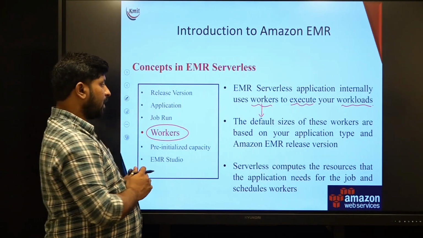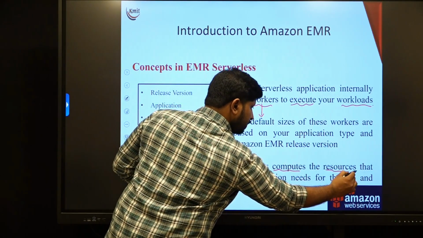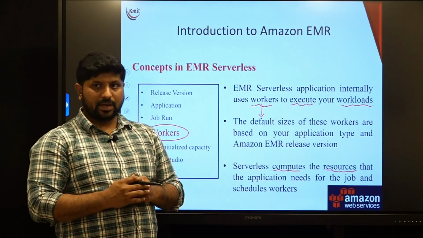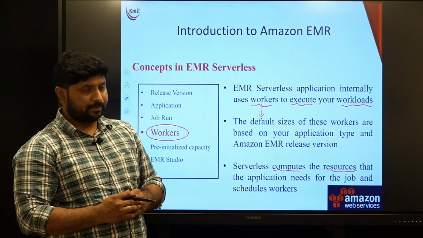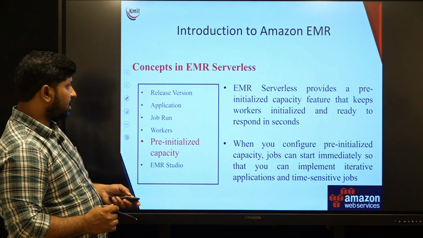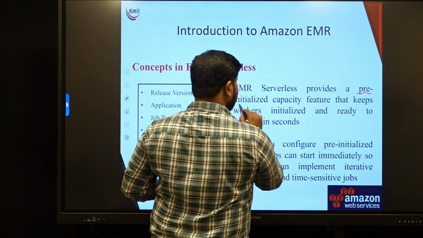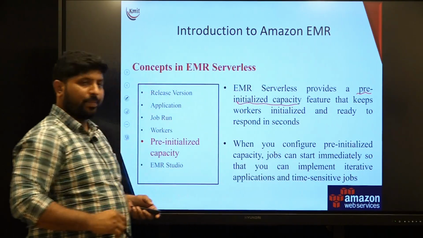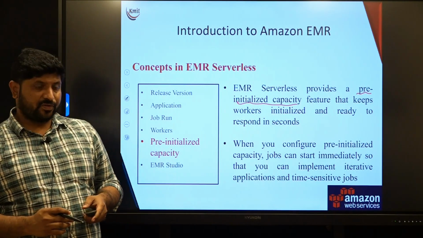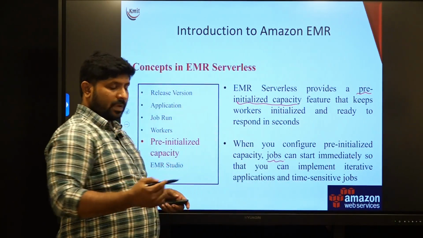cluster. And these computes or the resources which are used for these applications are going to be scheduled in a proper manner. The schedulers are going to be working, and as soon as you come to the capacity of these worker nodes on serverless, you can use pre-configured capacity of resources provisioned by Amazon, or else you can create your own pre-configured capacity of resources according to the job which you are going to execute.